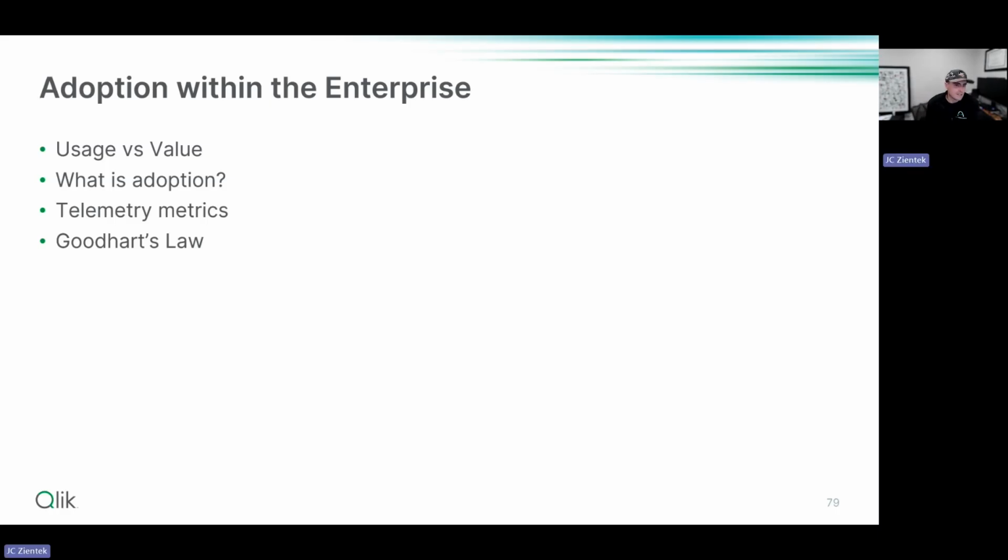We're going to talk a little bit about telemetry metrics today. What is measurable in Qlik Sense and Qlik Cloud? What comes out of the box? What you can add, maybe around migration, but really just how to monitor those logs and different things like that.